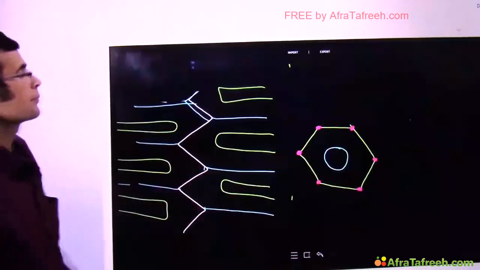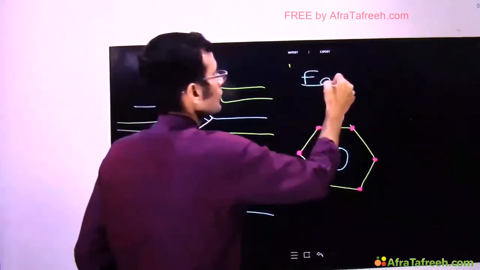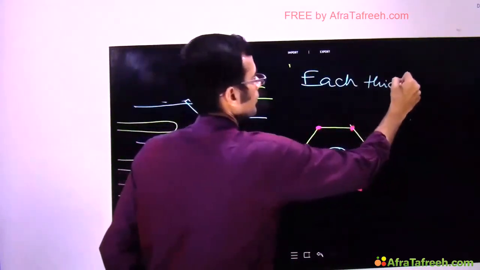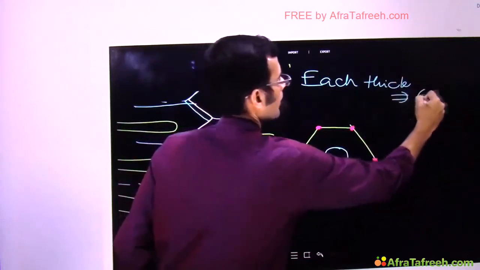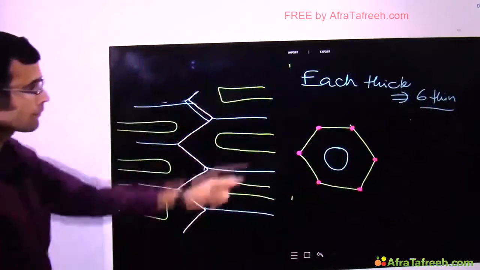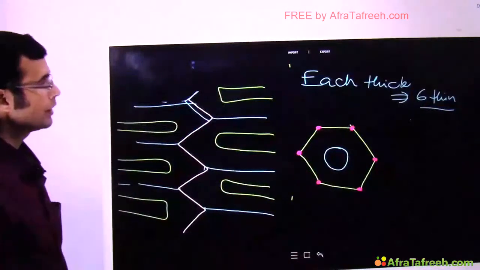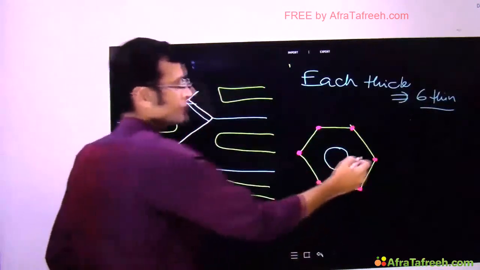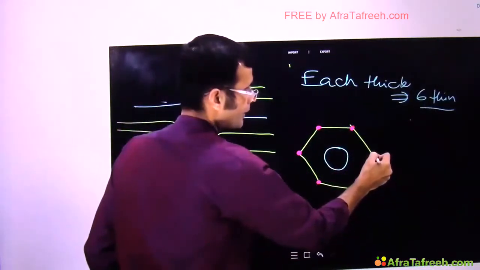It means each thick filament will be surrounded by 6 thin filaments like this, and each of the thin filaments will be surrounded by 3 thick filaments.